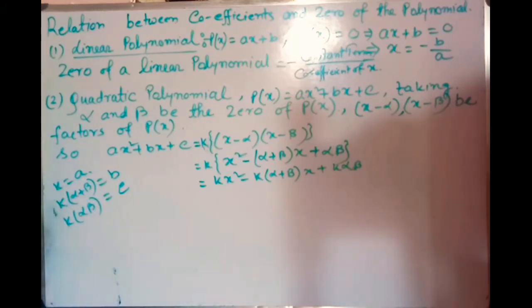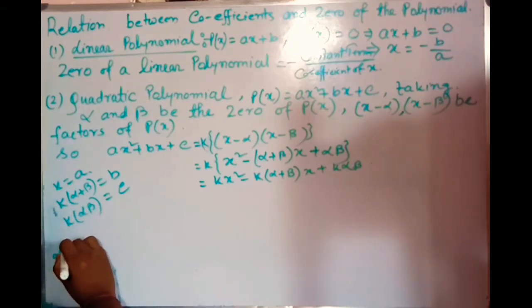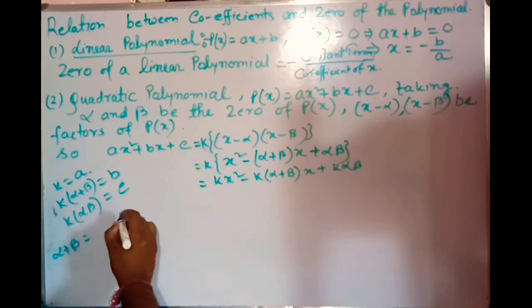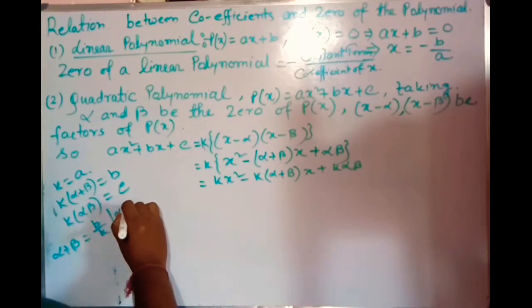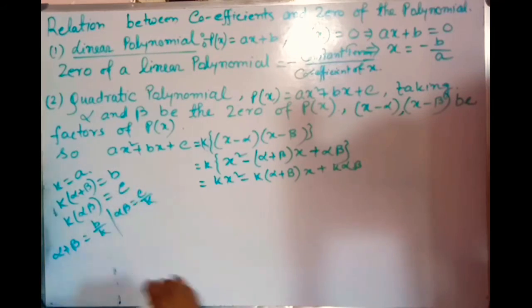So from here we are getting alpha plus beta is equal to b by k, alpha beta is equal to c by k.